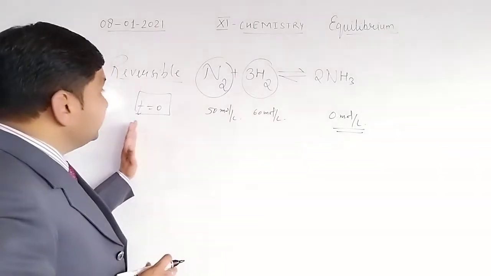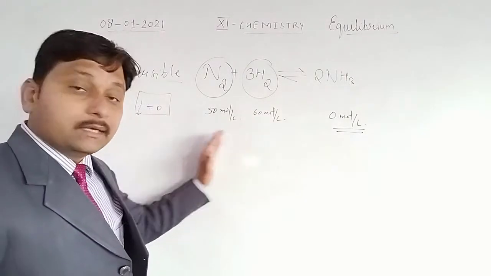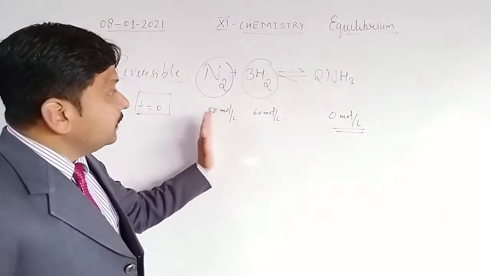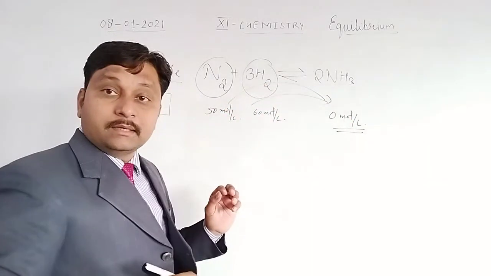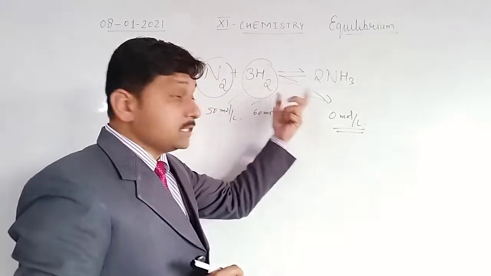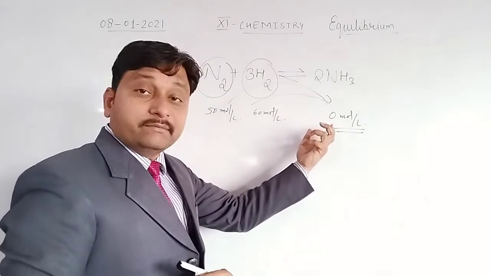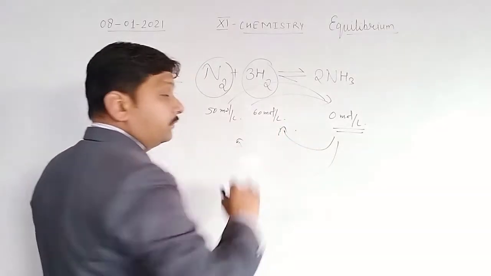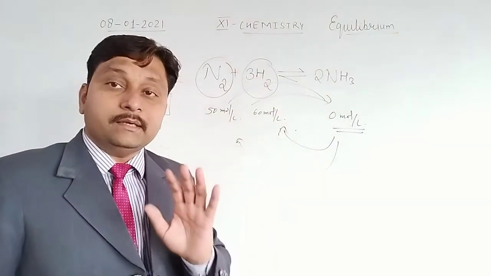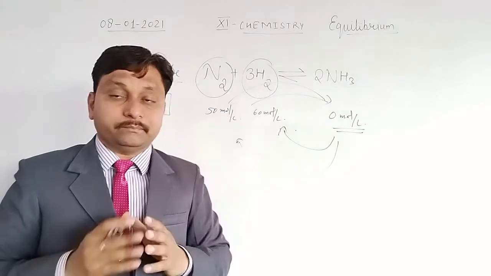Clear? But as the time passes, these two reactants continuously convert into the products. And because this is a reversible reaction, the product has the tendency to convert further into reactants. Clear? So this is the part of the reversible.